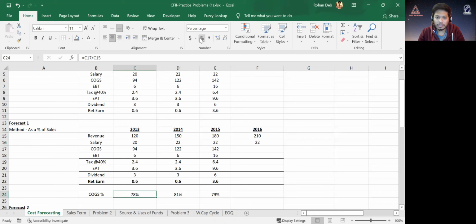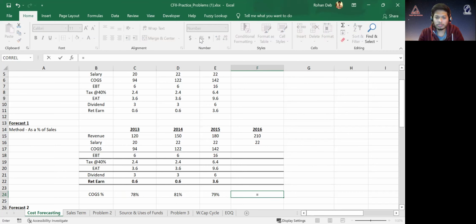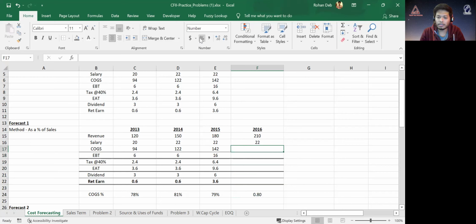So you see, first one is 78, then 81, then 79. Now, basically what you do is calculate the average of these three, which gives you 80%. What this says is that your cost this year should be 80%. So 210 into 80%, so 167.